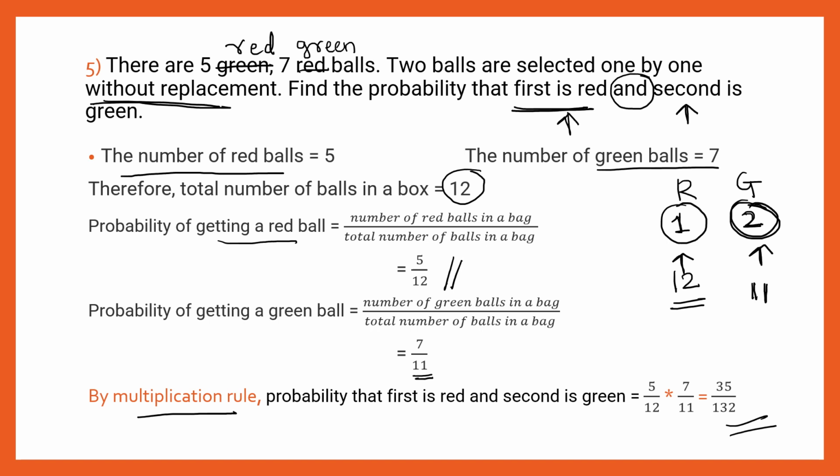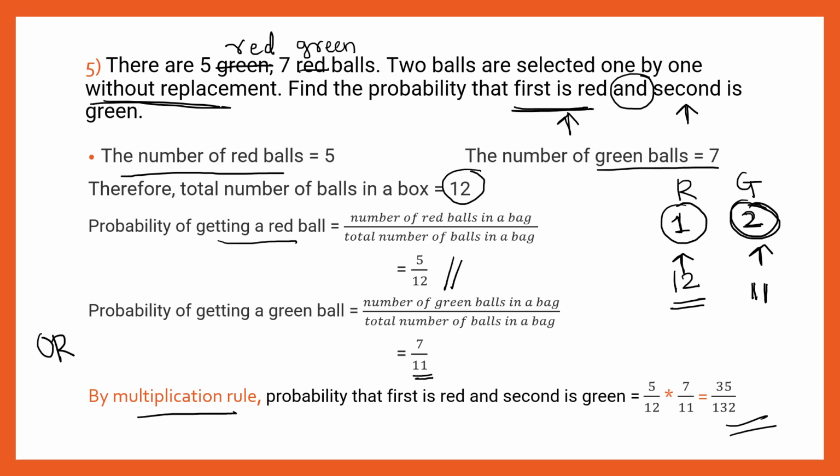But if there is the word "or" given to us instead of "and", first event or the second event, in this case we will not use the multiplication rule, we will use the addition rule.